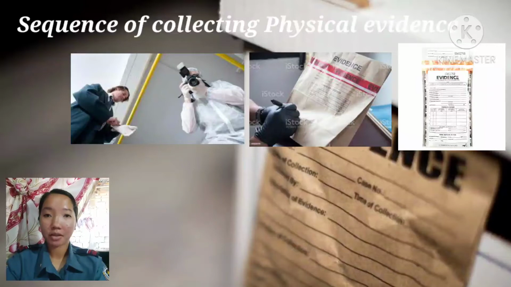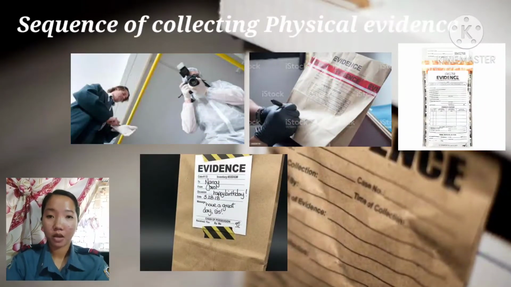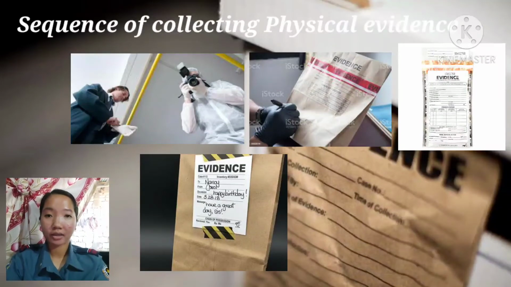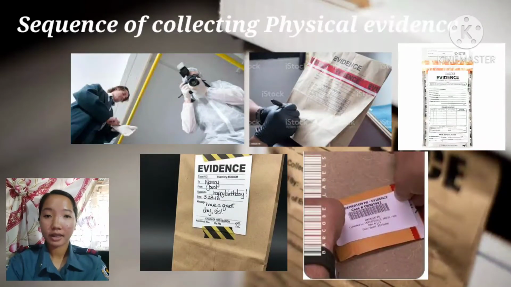The examiner must write the initials, date, and time across the sealed areas. Then label the bag or envelope with the patient identifying information. Then the last is the examiner must place signature, date, or time on the envelope.